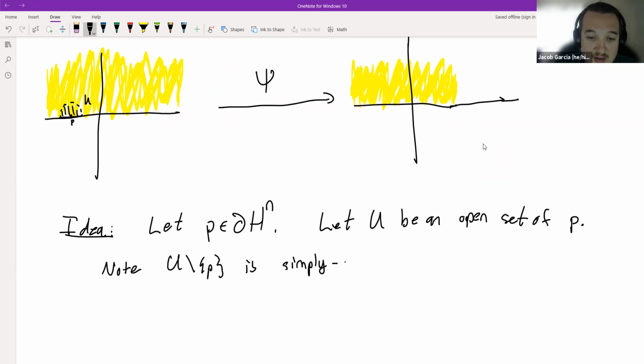Whereas if I took some point on the interior, then U set minus P is not simply connected.